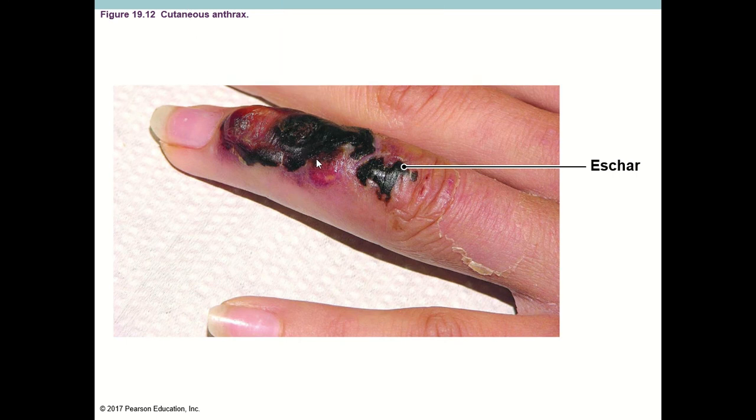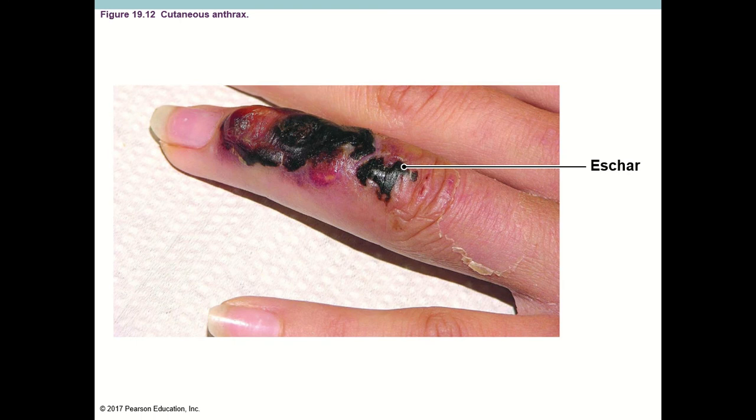If it does manage to cause necrotizing ulcers, then that piece of skin is pretty much gone at that stage. As long as the disease is caught in time, and the patient manages to treat it within a certain period of time, then there's not a lot of issue there.